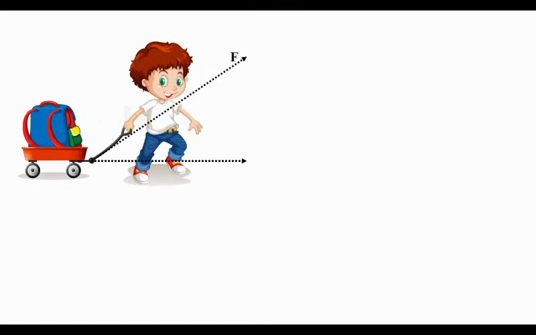Let F be the applied force, F1 be its component in the direction of displacement, and S be the displacement of the cart. The force F is applied in the direction of the string, at an angle with the horizontal. Let theta be the angle that the string makes with the horizontal.